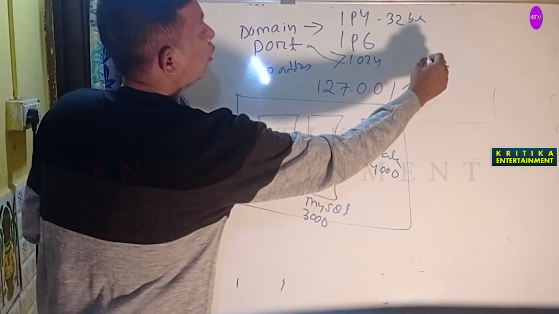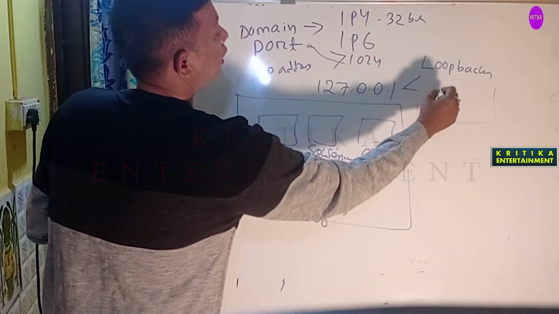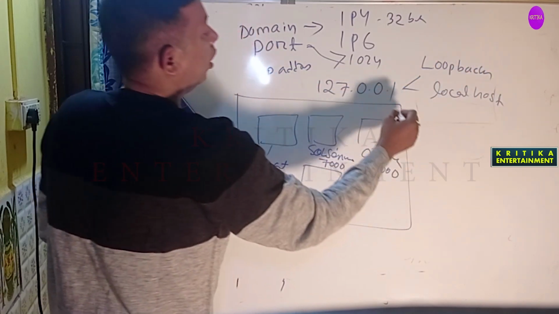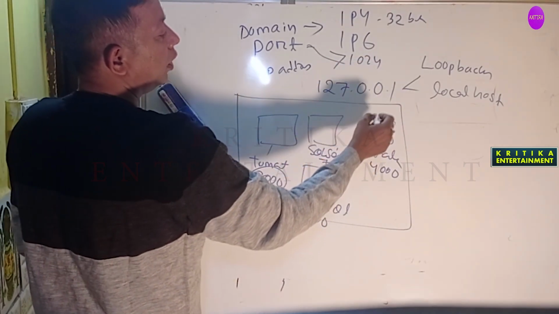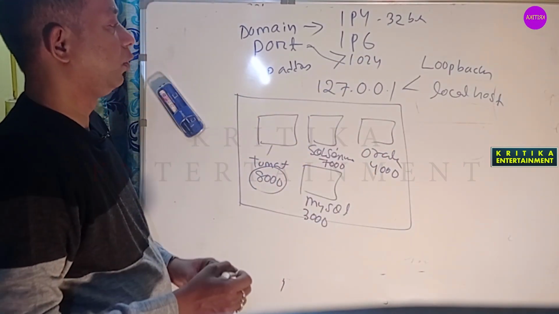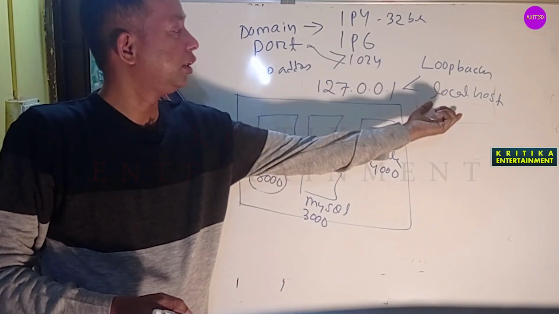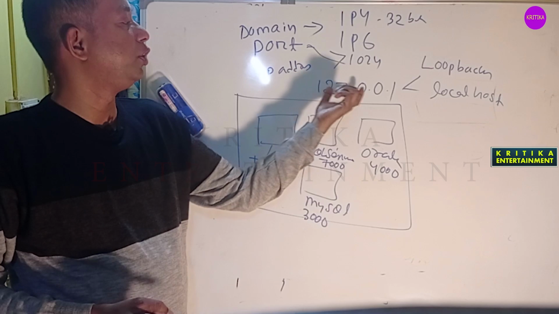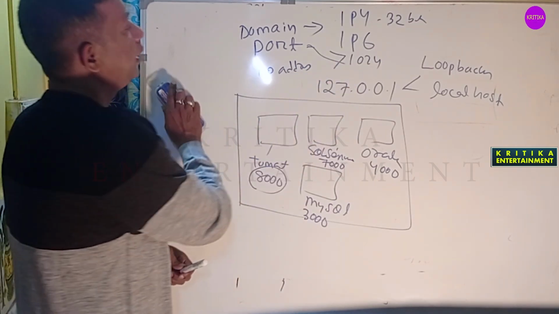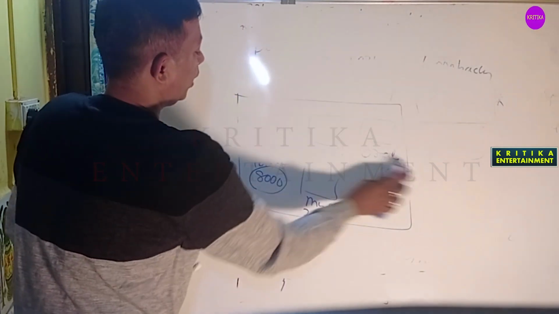This is called the loopback address, or localhost. So 127.0.0.1. Now let's see what happens when I run the program.